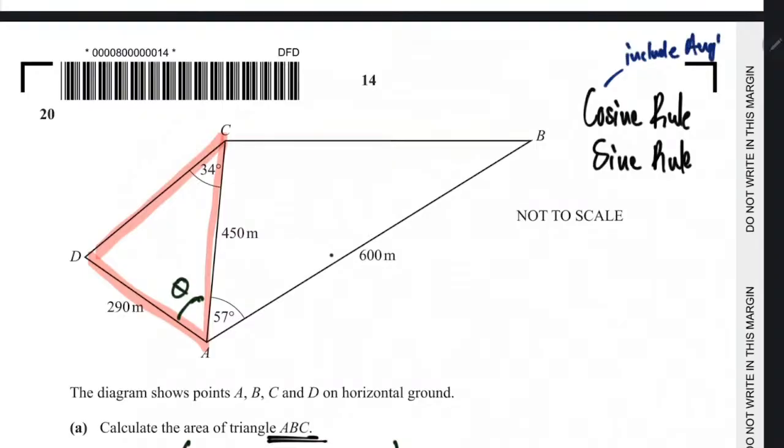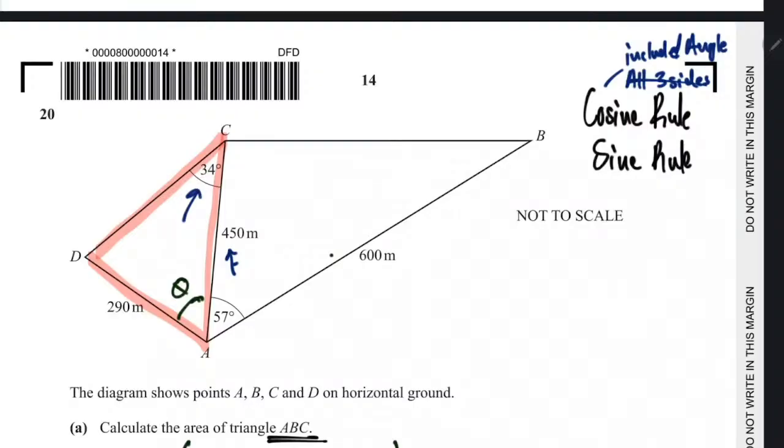It should either have an included angle or it must have all 3 sides. Let's look at this one. Does it have all 3 sides? No, it has 2. 290, 450. It doesn't have this one. All right, so this one is out. What about included angle? Let's look at the angle it has. Angle is 34. Is the angle included?